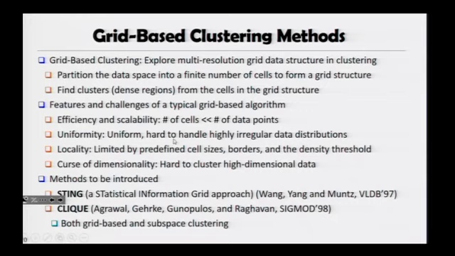After you do these partitions, the grid-based method looks at each of those small cells and asks whether some cluster will be formed in that cell. Progressively, it tries to merge those cells together. And when it merges these cells, it also asks whether the clusters in those cells should be further merged to form a larger cluster. That's the basic idea of how grid-based clustering works.